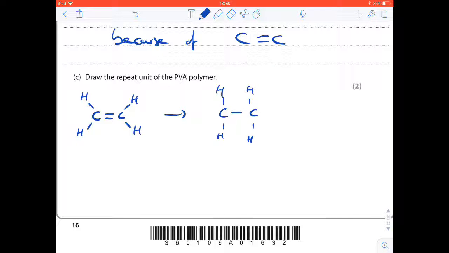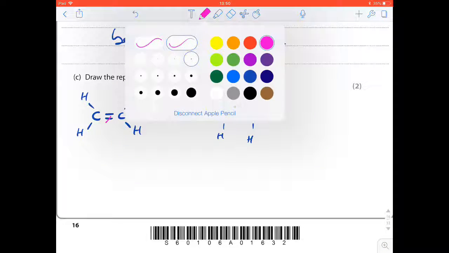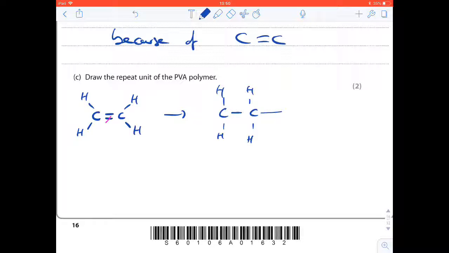The double bond here breaks, and we get 2 new bonds being formed, going to neighbouring molecules sticking out the side. You could put a bracket around that, but it only said draw 1 repeat, so if you had n of these, you'd end up with n of those joined in a big long chain.